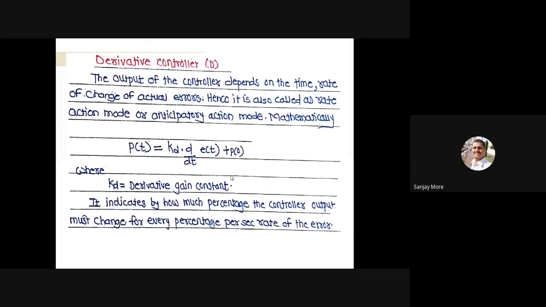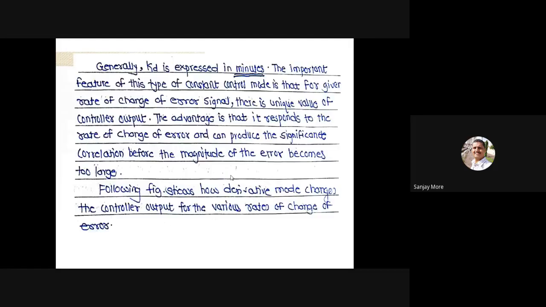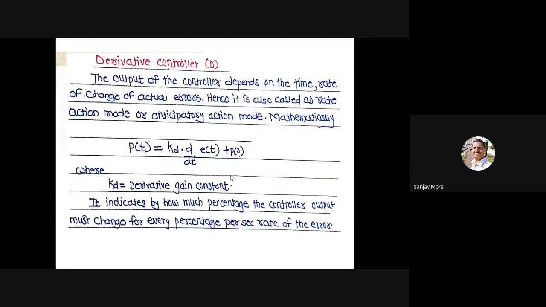Then give the heading derivative controller, capital D. So the output of the controller totally depends on the time rate of change of actual error.